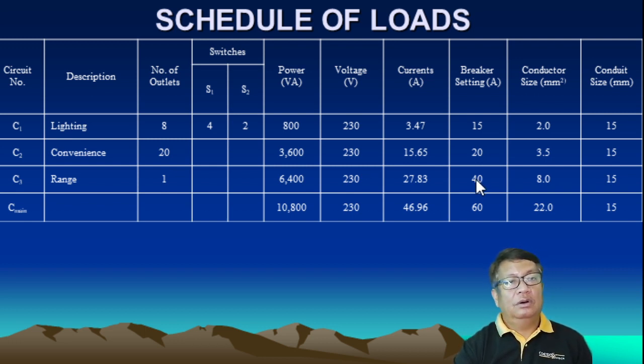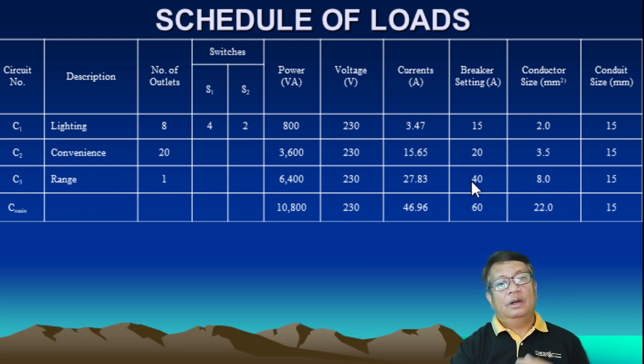If you use 30, 80% of the capacity of this 30 ampere breaker is less than 27.83. So you cannot use this 30.